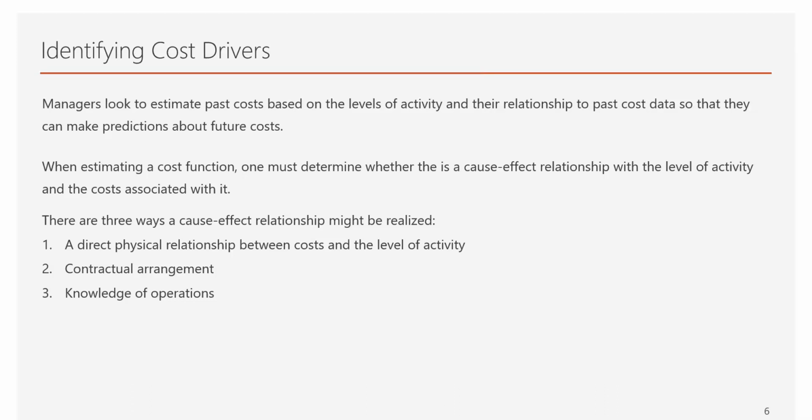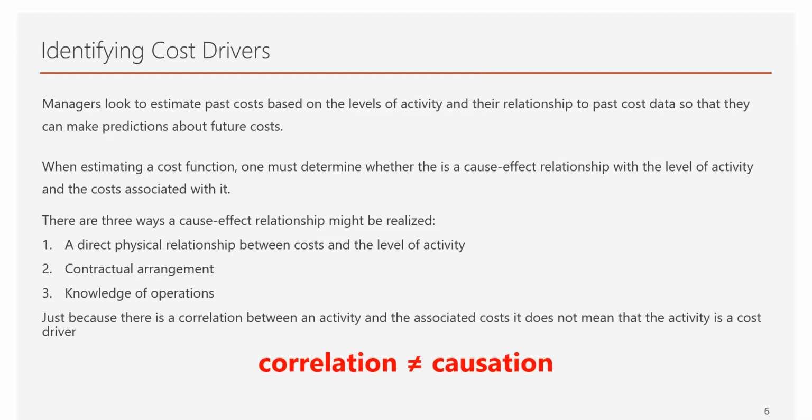For management purposes, we want to try to establish a cause-effect relationship as much as we can with a direct physical relationship between the cost and levels of activity. But just because there's a correlation with the cost associated with it does not mean the activity is a cost driver.